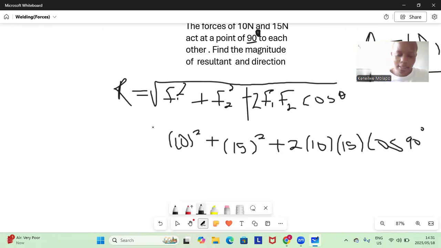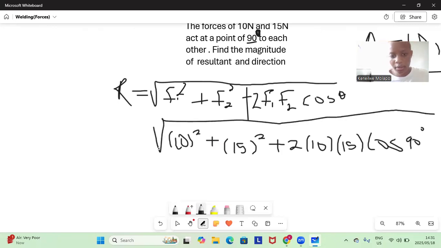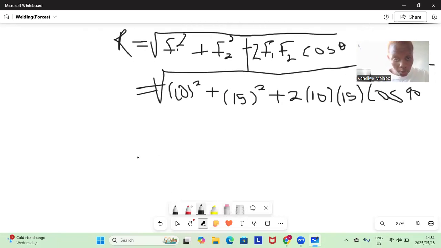So never forget this, guys. Never forget your square root. Okay, this is your equals. So you press your calculator. Your R is equal to 5 times the square root of 13.